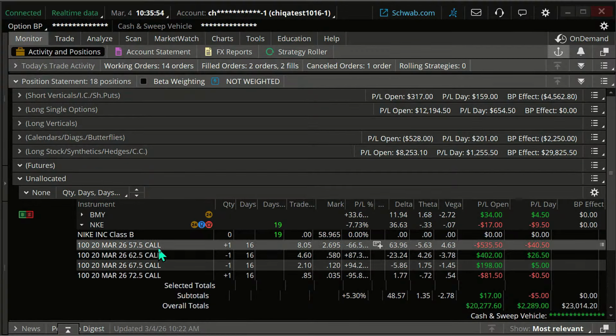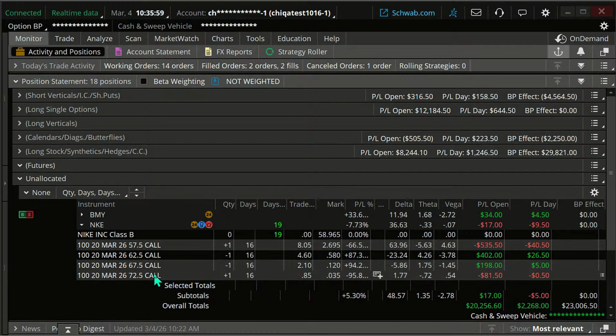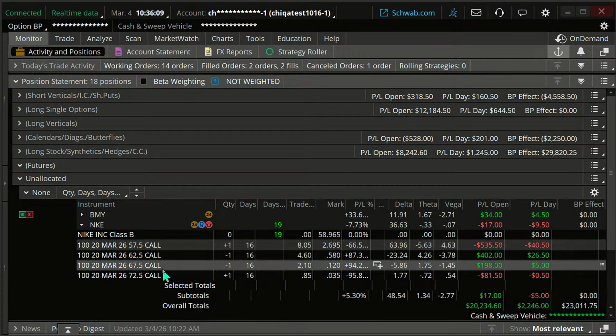Now, if you're getting out of these multiple leg, 4-leg option trades, iron condors, maybe even butterflies or other type trades, often we'll get out of not all of it at once.